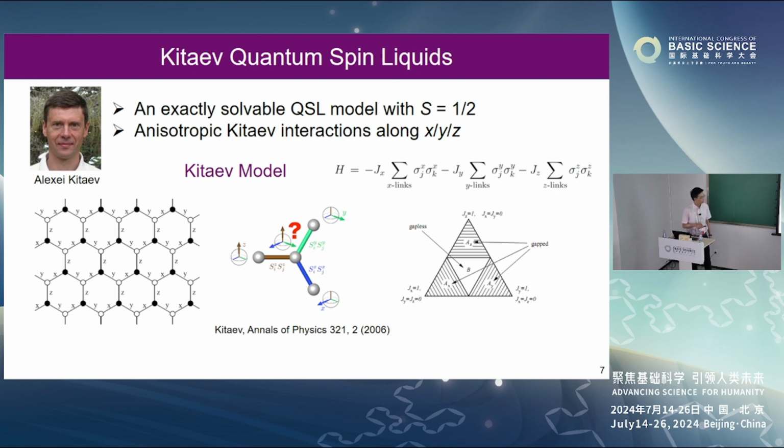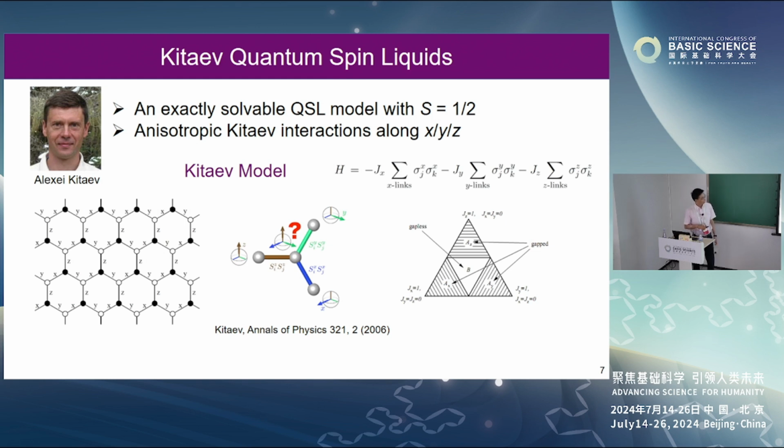Then the spin on this site naturally feels a strong frustration. So it can be disordered even at absolute zero temperature, because the frustration is very strong. But this frustration is very different from the previous geometric frustration I just introduced. It is on this single site, and it results from the exchange frustration.